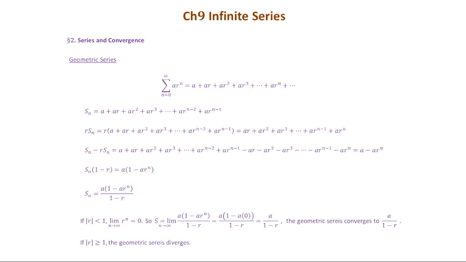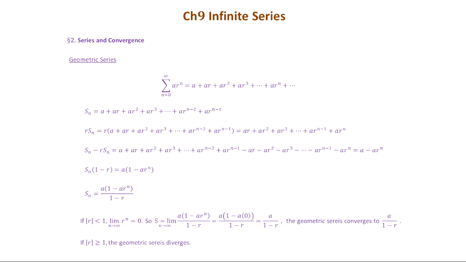And in that case, the sum of the geometric series is just the limit of the result we got for S sub n. So you just take the limit of r to the n in the expression, and you get 0. In the numerator, we got a times 1 minus r to the n over 1 minus r, but r to the n is 0 as the limit when n approaches infinity.